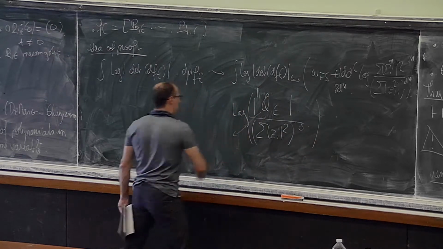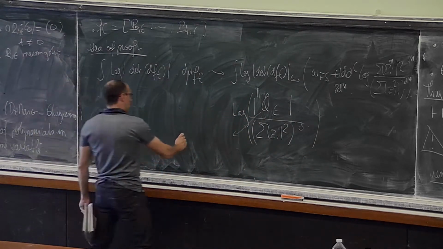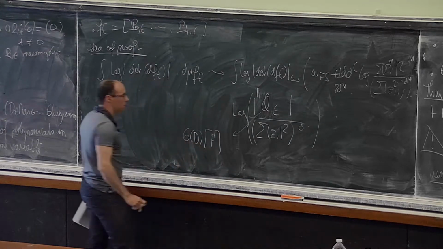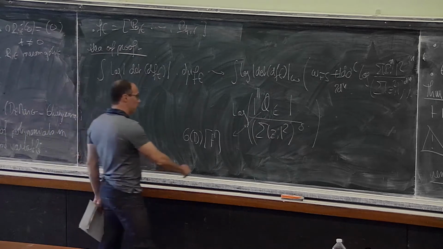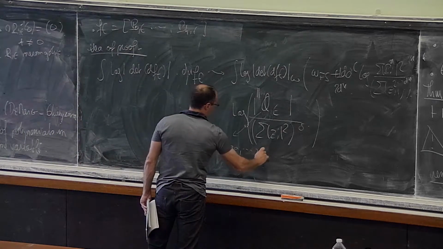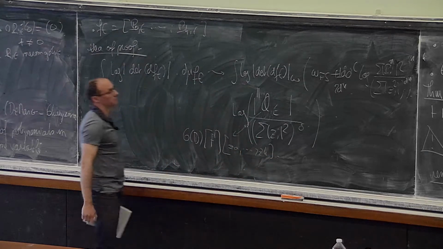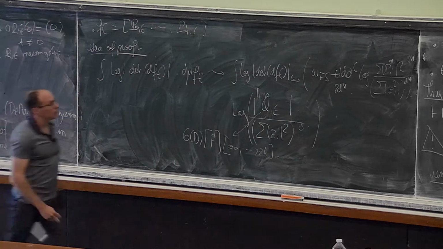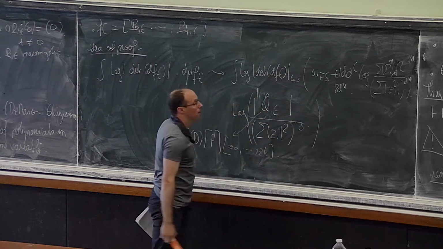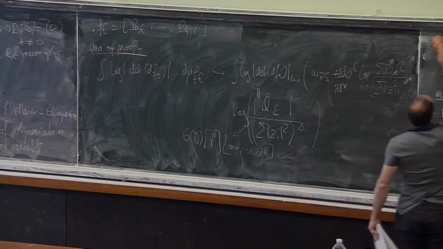So this is a homogeneous polynomial of degree delta, again with coefficients that are meromorphic, with a possible pole at 0. So this is quite explicit.